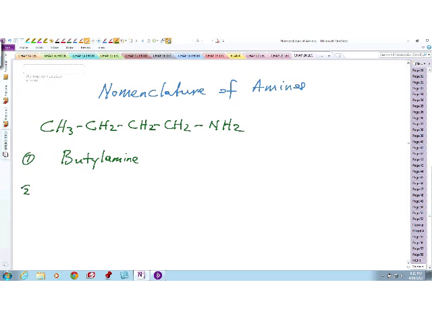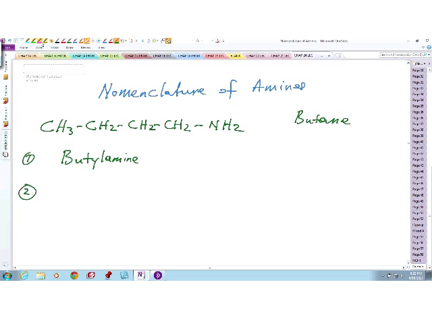Okay, that is the first type. I told you 3 types, right? In the second type, we could name this amine here as a derivative of the corresponding alkane. In this case, the corresponding alkane would be what? Butane. Very good. So what do we do?